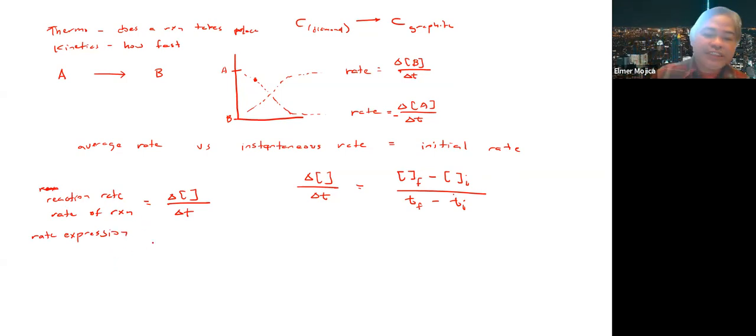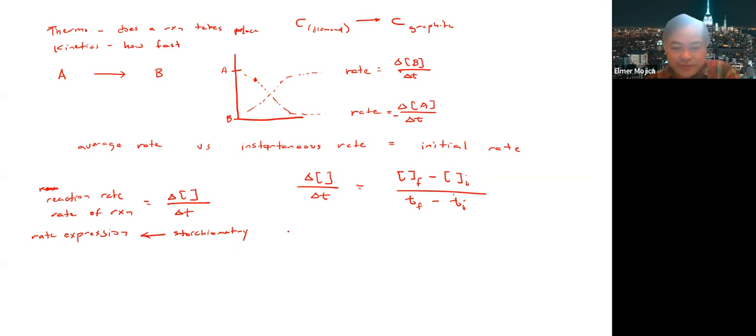Now, yung rate expression, it involves the so-called stoichiometry. So the rate expression just tells you the relative rates, let's say, of the decomposition of reactants with respect to the formation of the product.